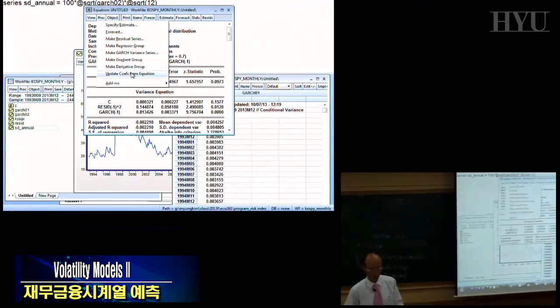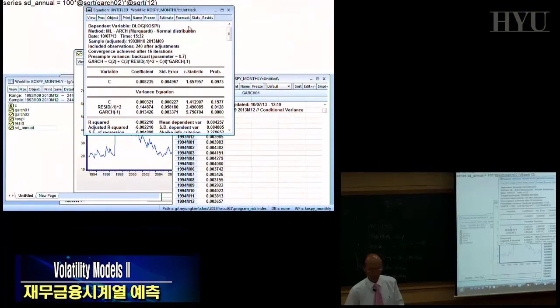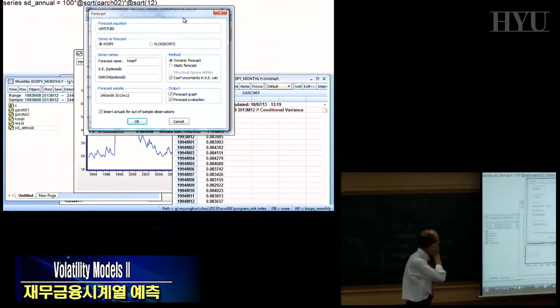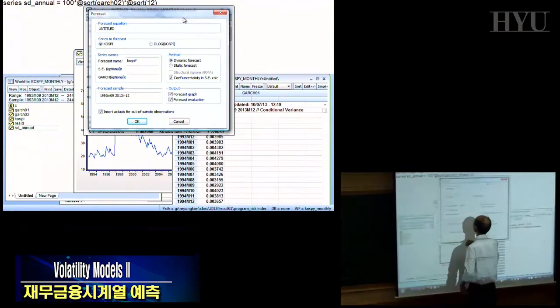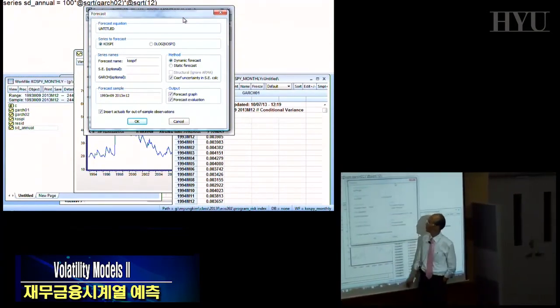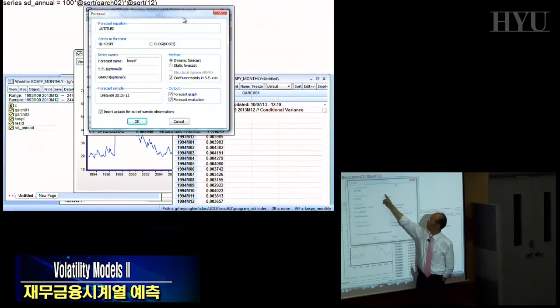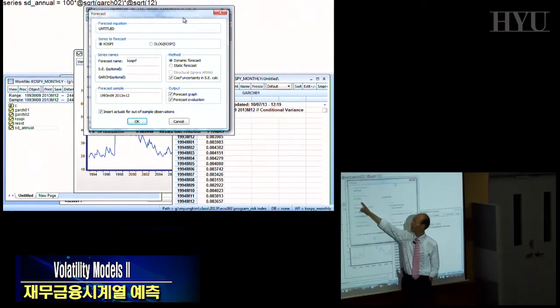But it doesn't say anything about make model, right? So let's press this one anyway. Forecast, right? Then, do you want to predict KOSPI or the log KOSPI? Let's, for fun, this is a random walk model, right? So let's take this one.